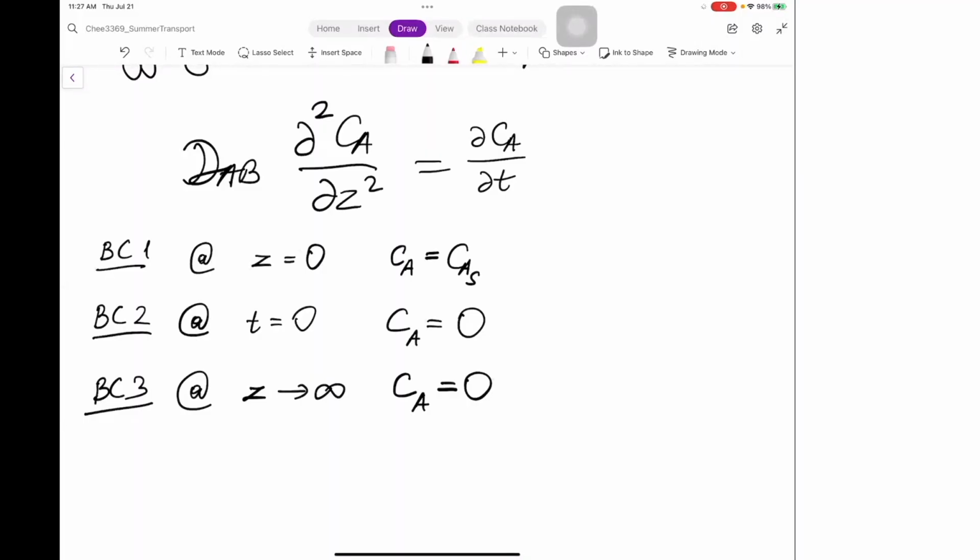If you just think that I'm just interested in a very thin layer on the surface, and whatever happens far deep under the pond is not going to affect my result, you can just assume that it goes to 0 as z goes to infinity.